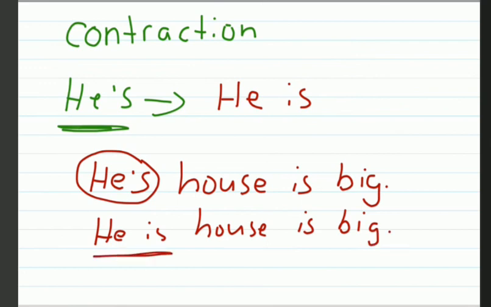And that really doesn't make sense. So instead of using a word like he's, we should be actually using the word his. I'm going to write that in here. His house is big.